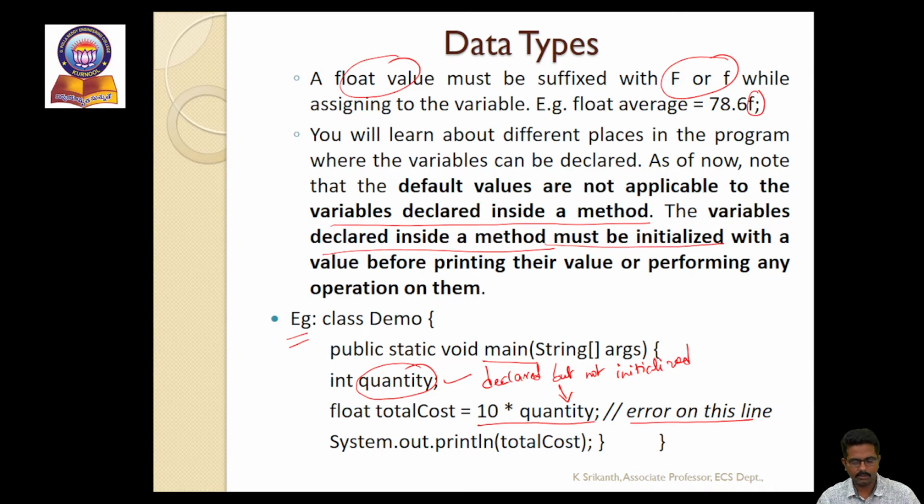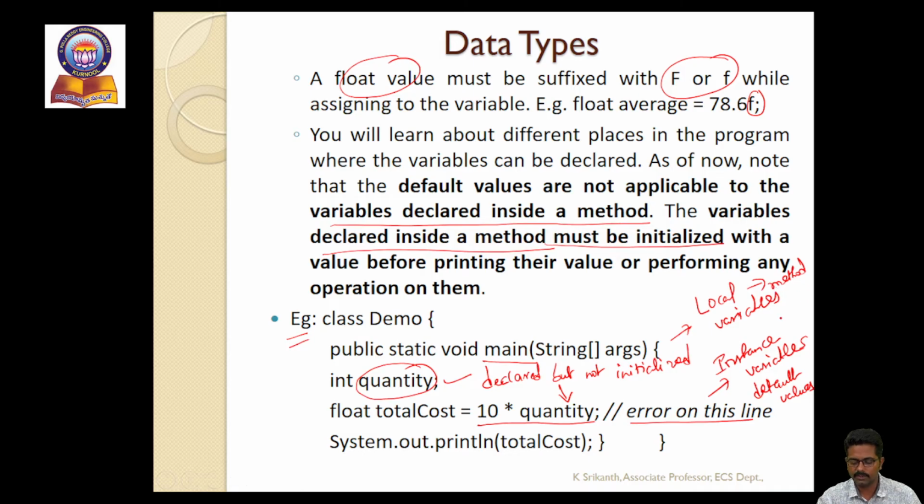Hope it is clear. So what are local variables and what are instance variables? The default values we discussed are applicable for instance variables, that is, class variables. The local variables are part of a method, so they are the variables declared in the method.